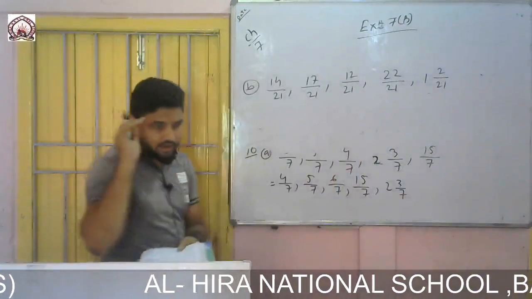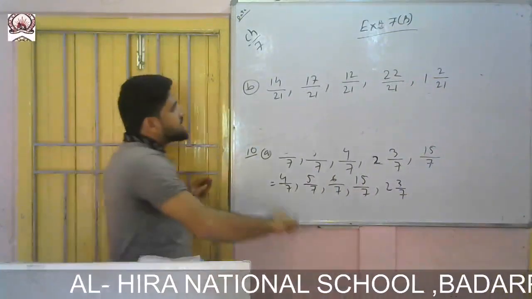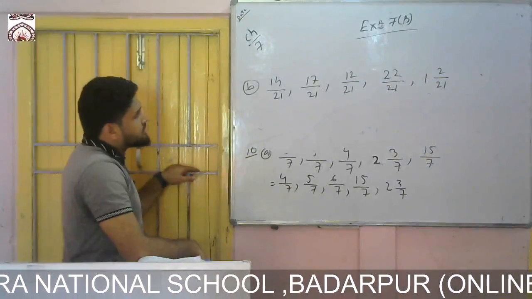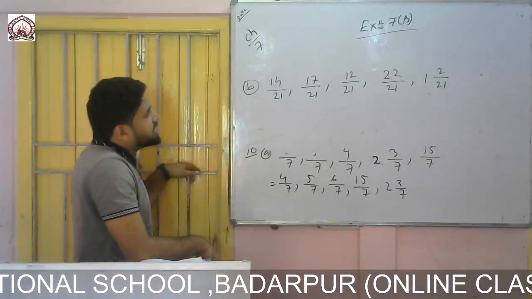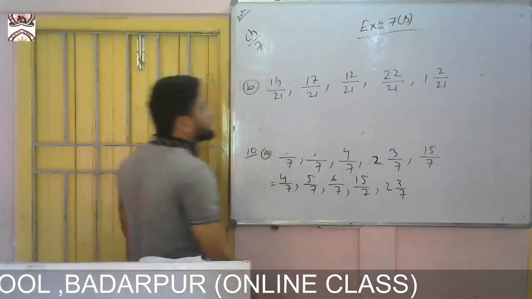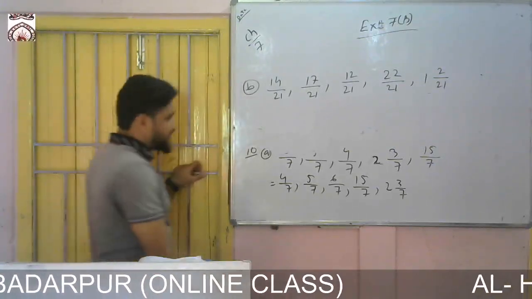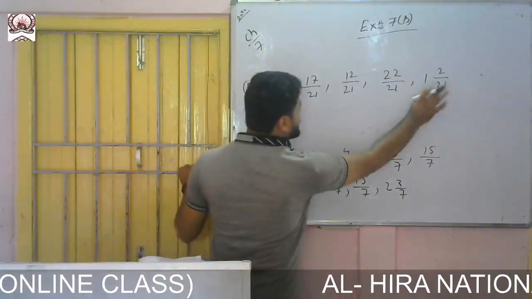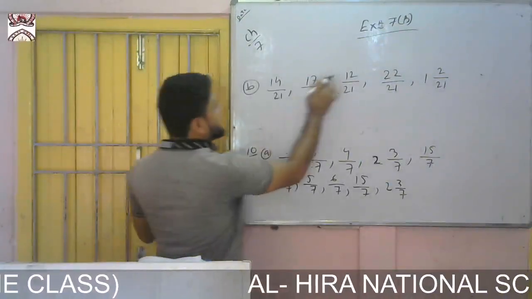So see, ascending order. All the denominators are the same. So the fraction with the least numerator is the lowest fraction, and the one with the highest numerator is the highest fraction. This is the least fraction, this will remain at last. 14, 17, 12, 13.